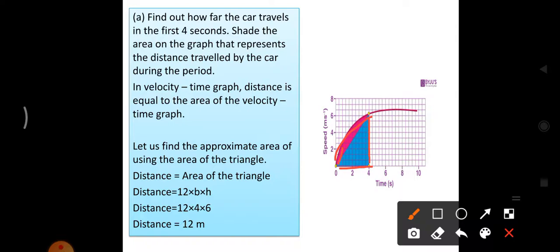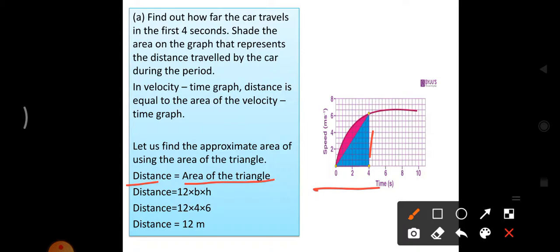In a velocity time graph, the distance is equal to the area under the velocity time graph. Let us find the approximate area using the area of the triangle. See, in 0 to 4 seconds, it covered this much distance. So if you take 0 to 4, the blue colored part is a triangle. In a triangle, you know how to find the distance.